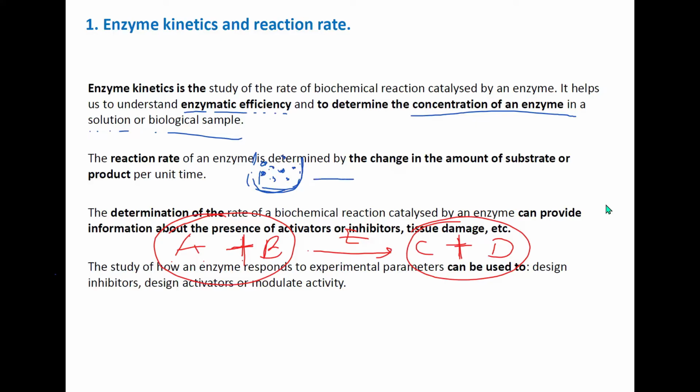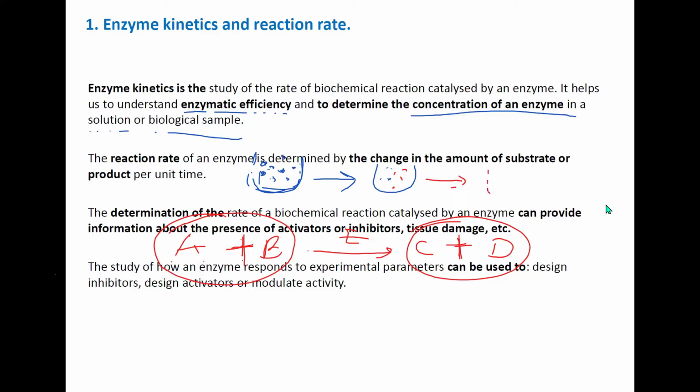So if the reaction starts, the blue balls will start disappearing to generate the red balls. Let's say the reactant is the blue ball and the product is the red ball. As time goes on, the blue balls will be disappearing while the red balls will be appearing.